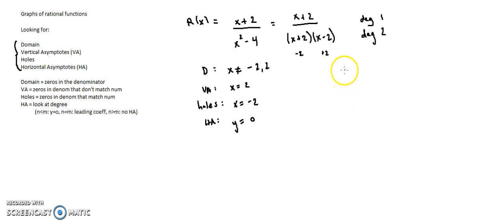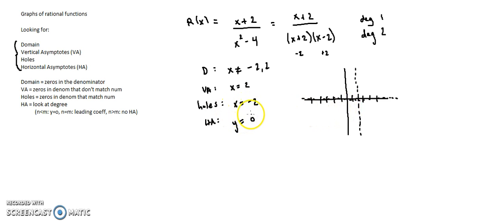Okay, so let's see what this looks like. We have a vertical asymptote at positive 2, and we have a horizontal asymptote at 0. Okay, so we know how those should look. Now, we're going to have a hole at negative 2.